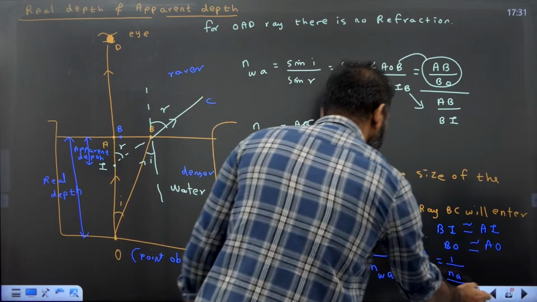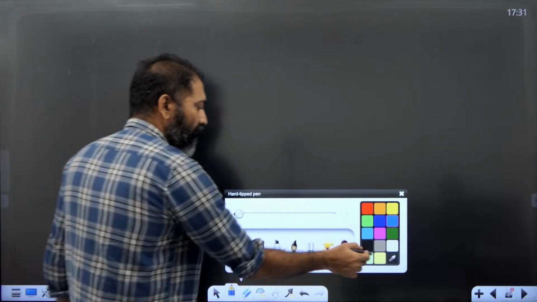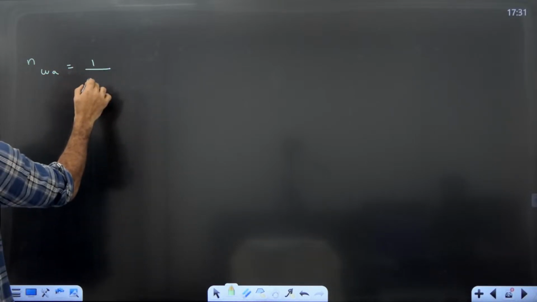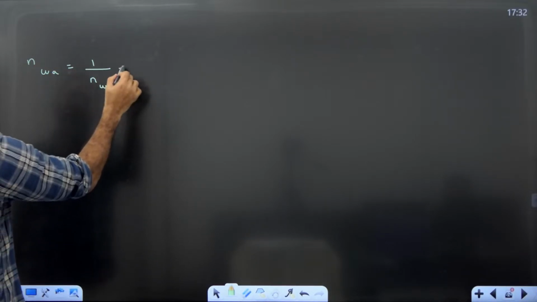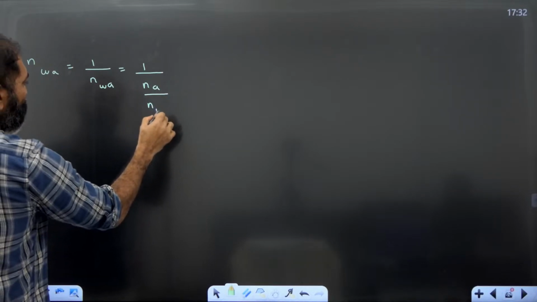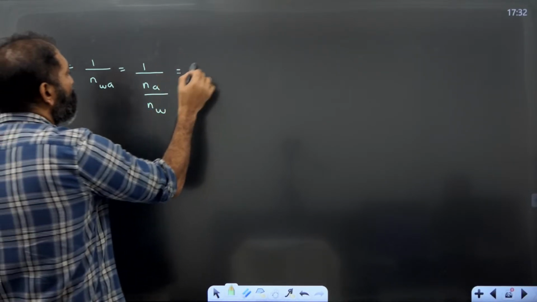ഞാൻ അടുത്ത സ്ക്രീനിൽ എഴുതാം. Refractiveness of water with respect to air is equal to 1 by refractiveness of air with respect to water. That is equal to 1 by refractiveness of air divided by refractiveness of water. So refractiveness of water goes to the numerator.